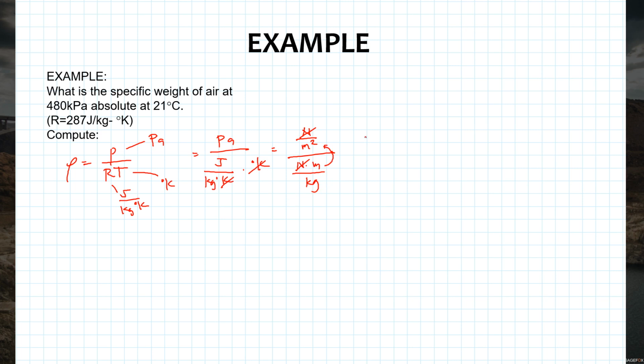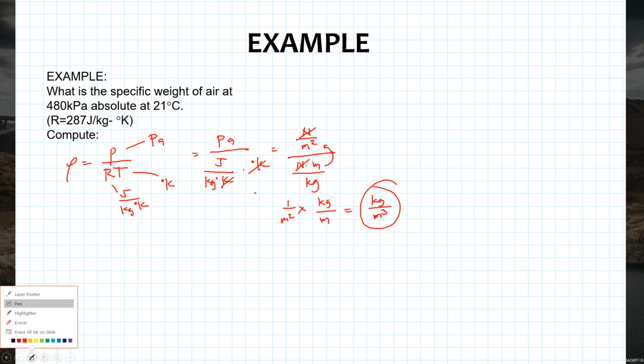Since when we divide fractions, we multiply by the reciprocal of the other, we get kilogram per meter. So when we multiply that, that will be kilogram per cubic meter, which is a unit of mass density. That's why we have to convert all the units depending on the given.